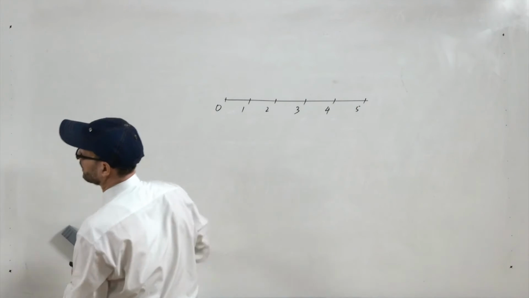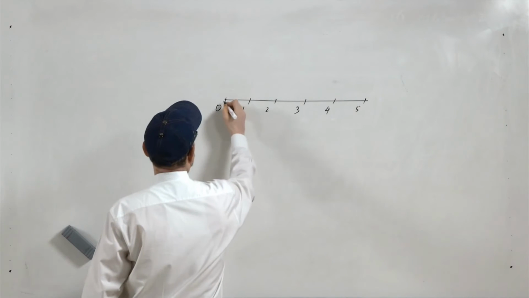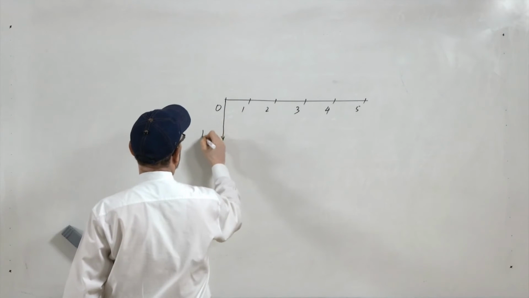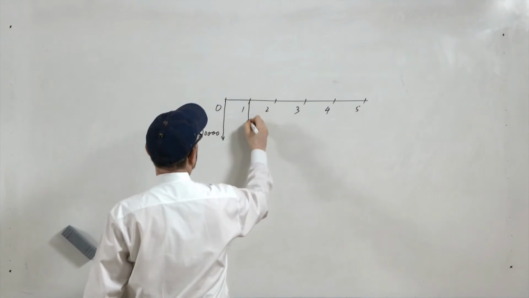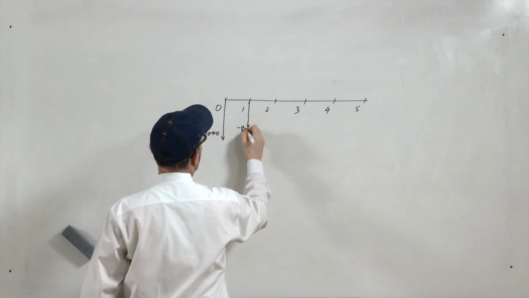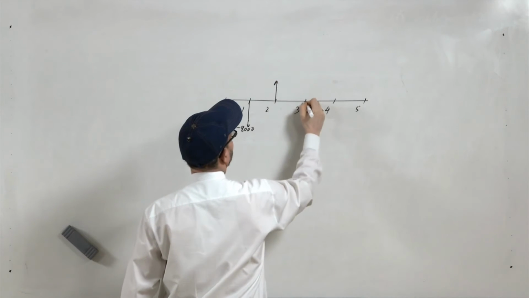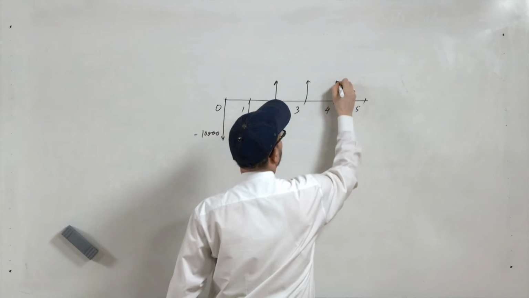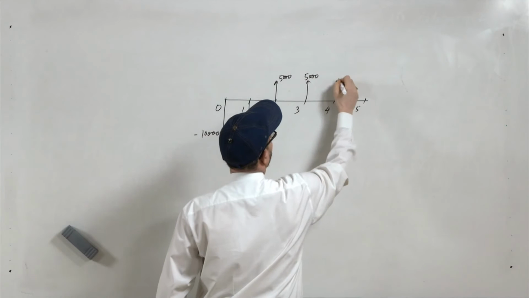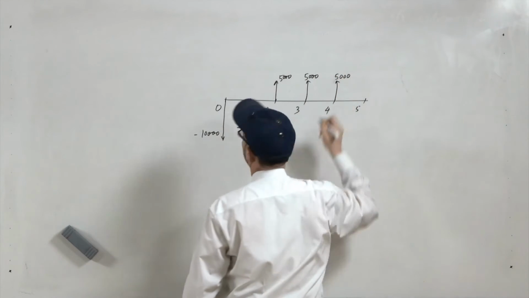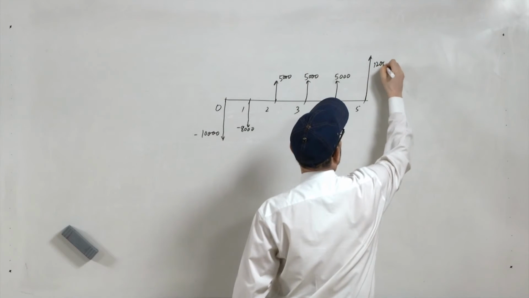Now, in this we had the disbursements of 10,000, 8,000 and 5,000 as receipts, and 12,000 as the receipt.